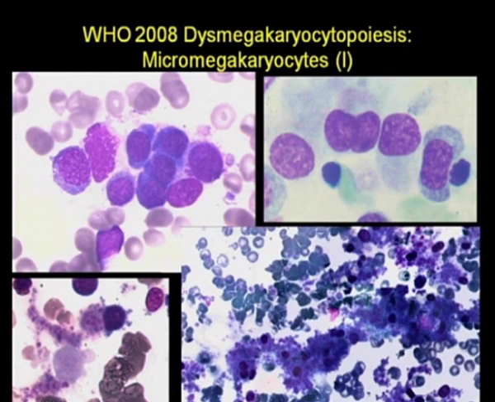Moving to the morphological features of dysplasia in the megakaryocytic context, we have to enumerate micromegakaryocytes as dysplastic.